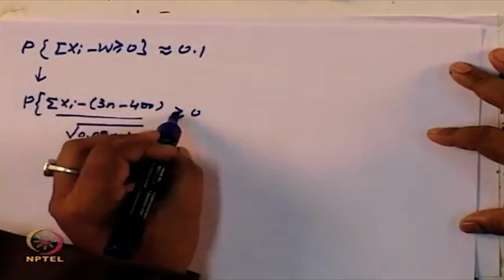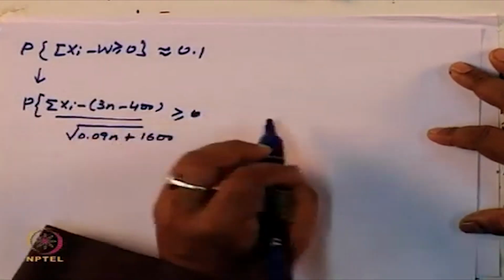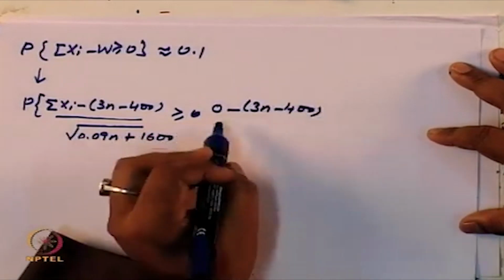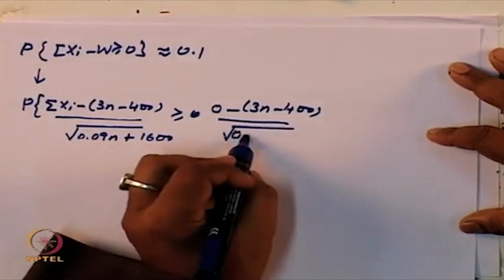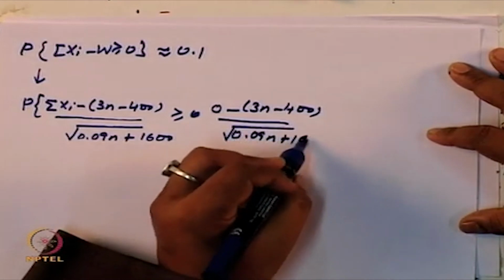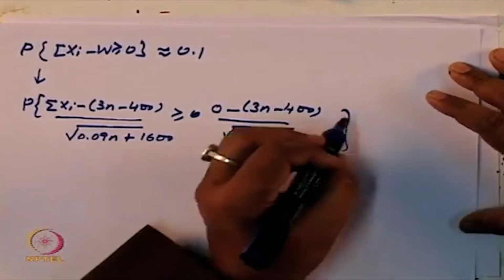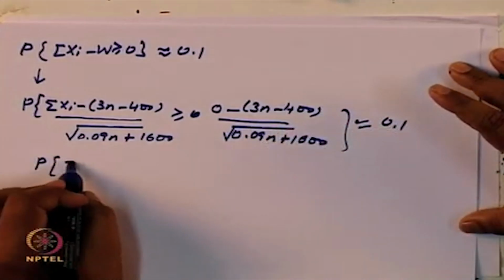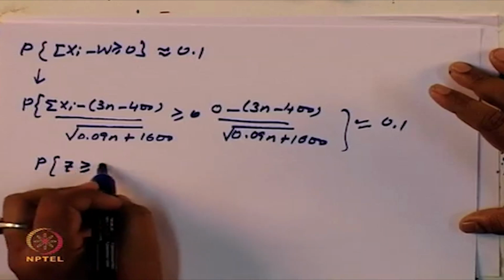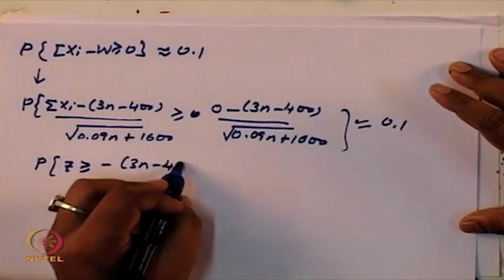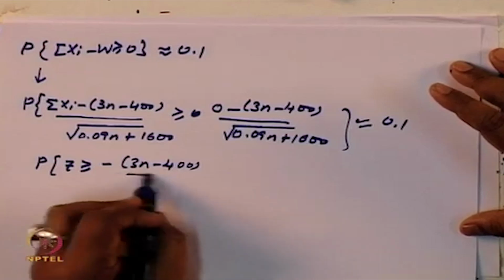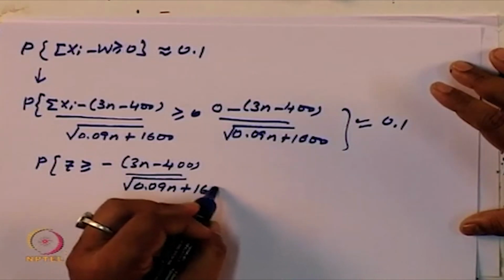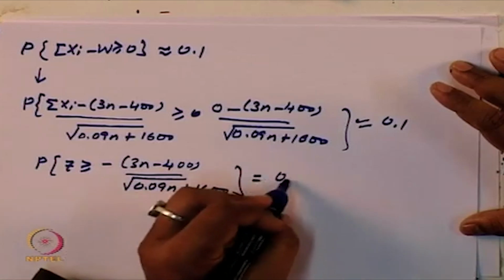So, P of z greater or equal to 0 minus of 3n minus 400 by root of 0.09 n plus 1600. And this we are given approximately equal to 0.1. So, probability of z greater or equal to minus of 3n minus 400 by root of 0.09 n plus 1600 is equal to 0.1.